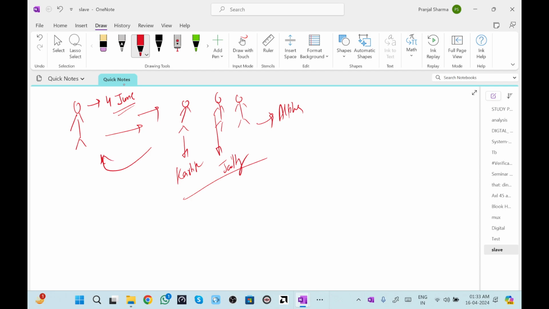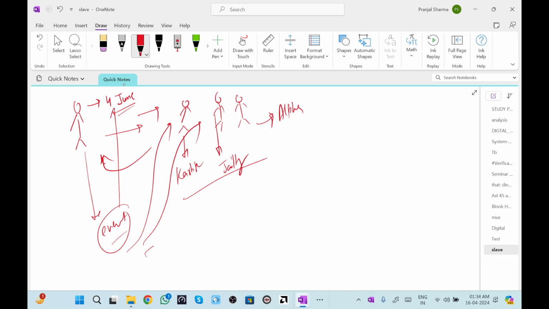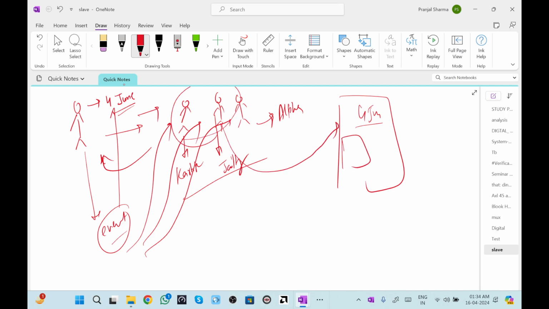In this condition, the boy has declared an event: he's having a birthday on 4th of June. When 4th of June appears on the calendar, and all three friends come to his home to celebrate his birthday, at that time the event is triggered, it is happening.